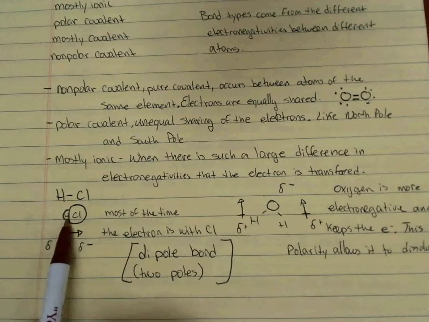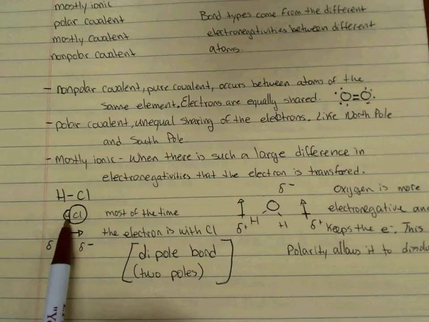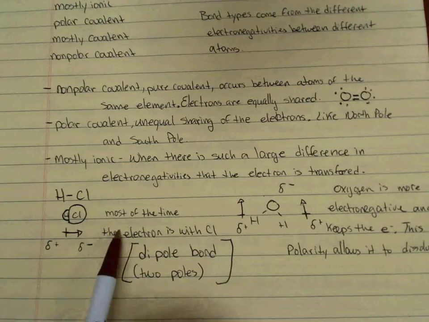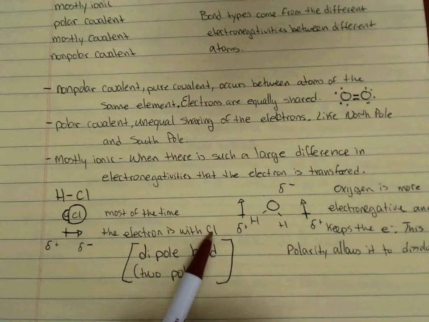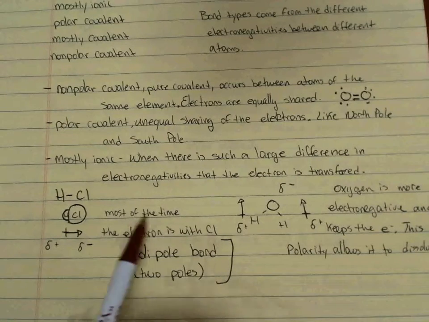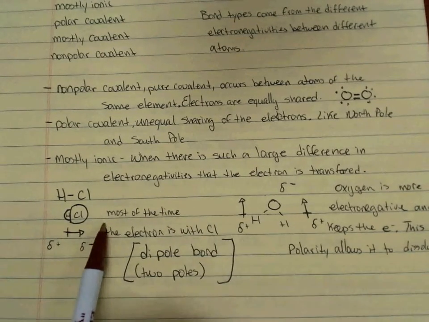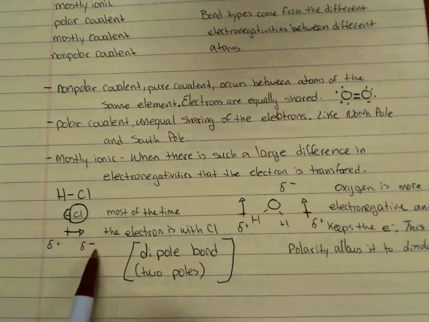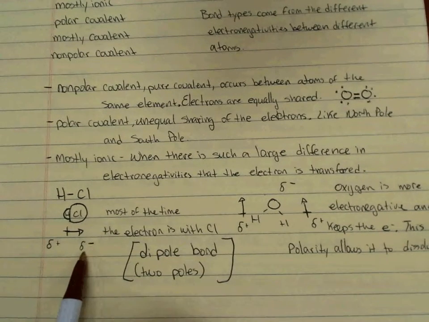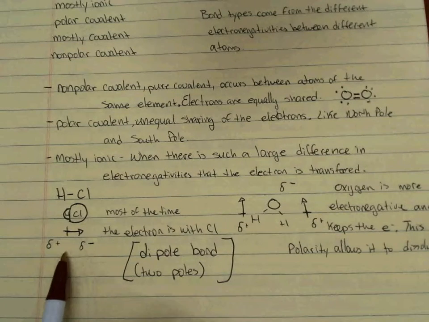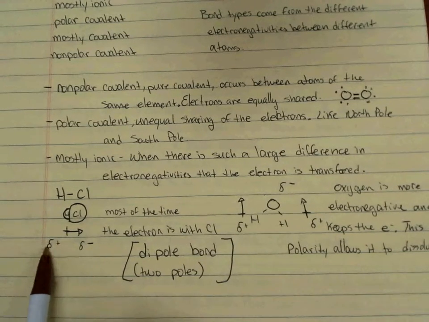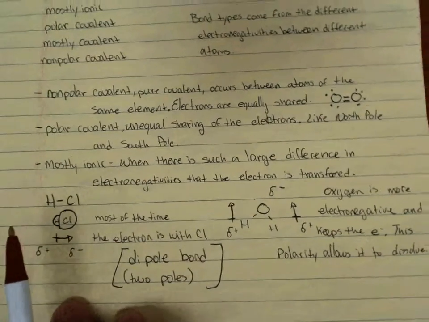So we have hydrogen and chlorine attached, and the electron that hydrogen brought is going to spend most of its time with chlorine, right? So now this has a negative charge, but it's almost a negative charge. So we have this lowercase delta signifying we have almost negative charge, and here we have an almost positive charge.